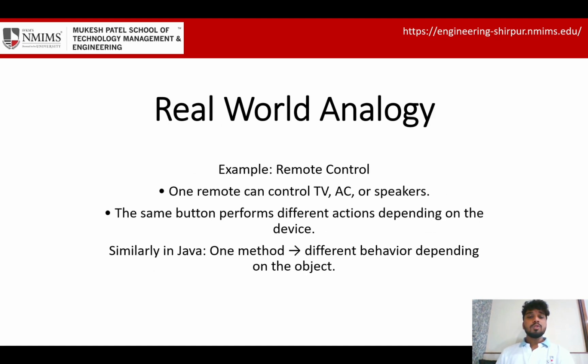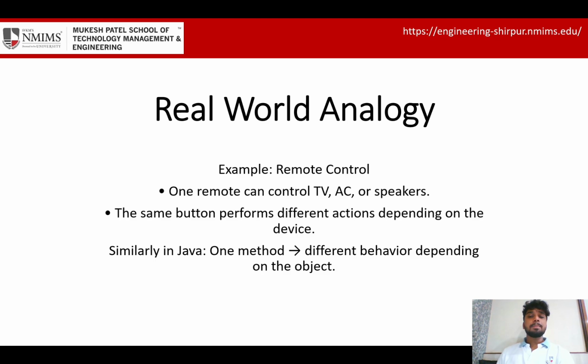Now let's move to a real world analogy. To make this concept easier, let's look at a real world example. Think about a remote control, like a universal remote control. You use the same remote to control a TV, AC, or speakers. The buttons are the same, but the action changes depending on the device.